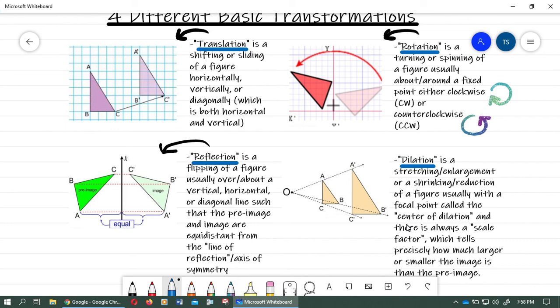And guys, usually when there's a dilation, a shrinking or a stretching, there is pretty much a focal point. And again, we mean there's a certain point that is the main focus point of where that dilation is coming from. And what we call that focal point, we call it the center of dilation.